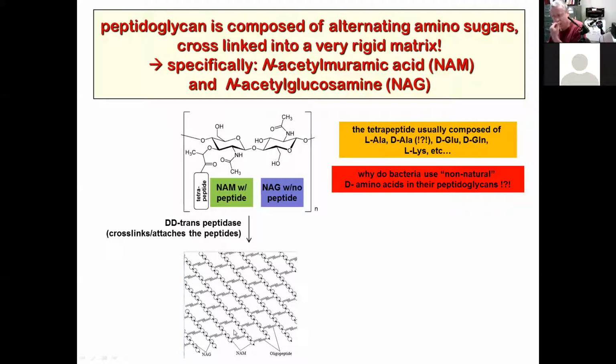And anyway, the NAM units have these 4 amino acids, and they can be cross-linked. So essentially, these chains are being built, right? And then the cross-links will create peptide linkages and other linkages between the 4 amino acids of one chain and the 4 amino acids of the other.